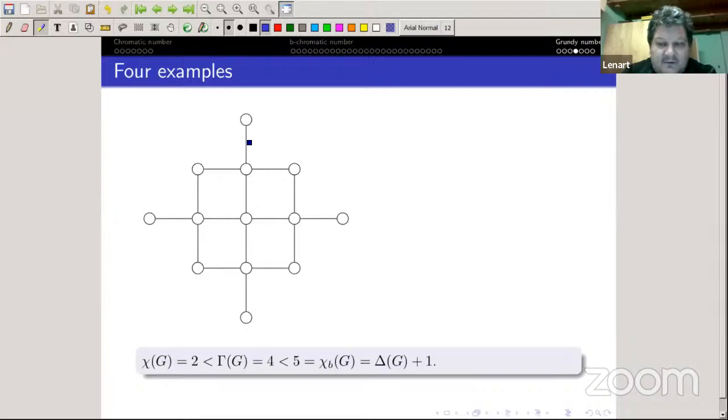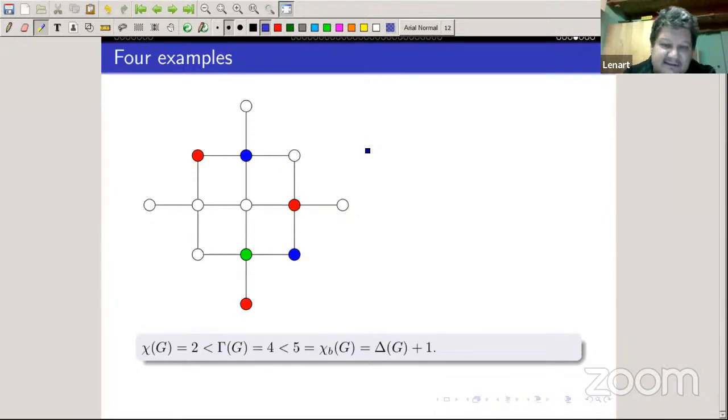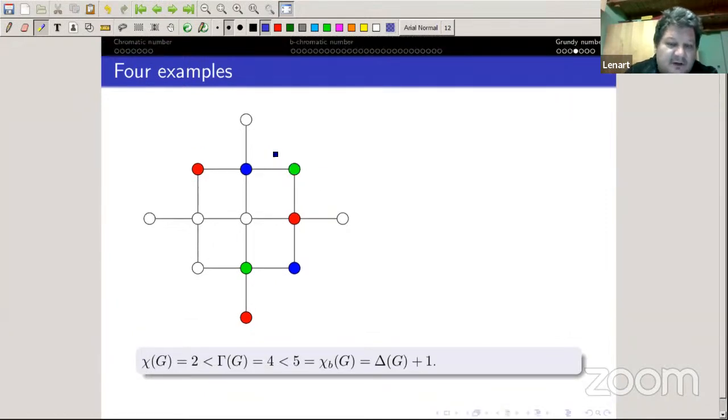Okay, so let us see some examples where you see gamma is different than b-chromatic number. Here, if we start like that, red is the first color, blue is the second color, green is the third color. So now this vertex has a red and blue neighbor, so it needs to be colored green.